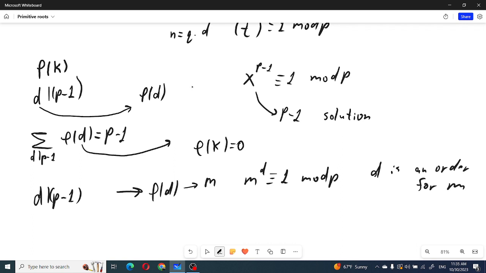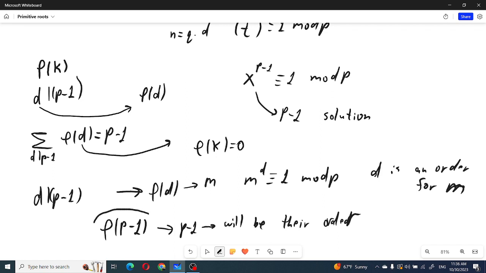And now we can conclude that for p we will have phi of p minus 1 numbers which will have p minus 1 as their order. So we have concluded that we can always find primitive roots for every prime p, and the total number of primitive roots must be phi of p minus 1, which is a stronger version than the existence of primitive roots.